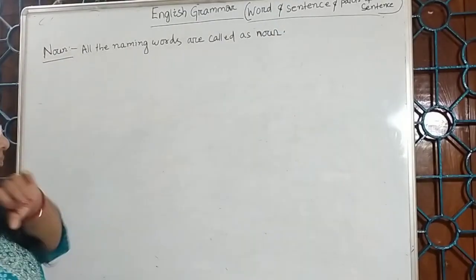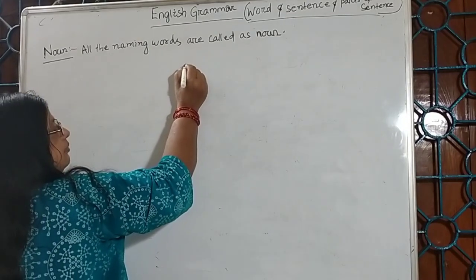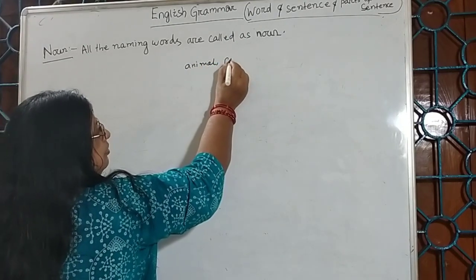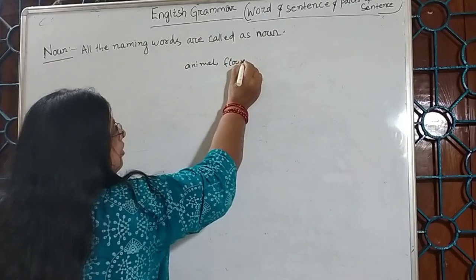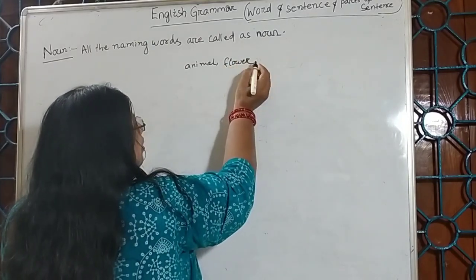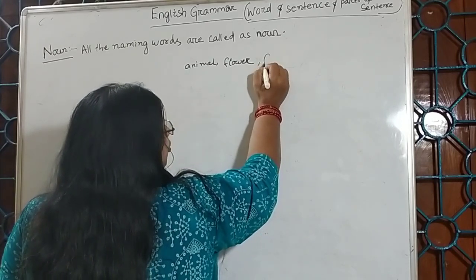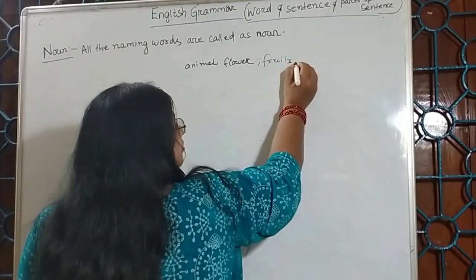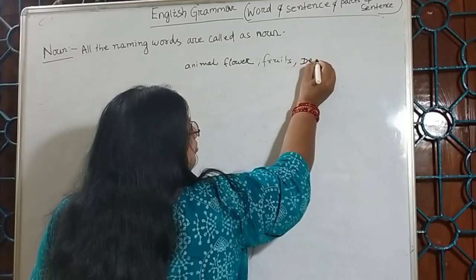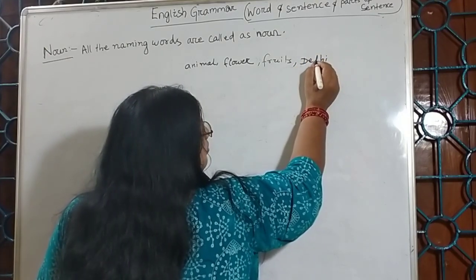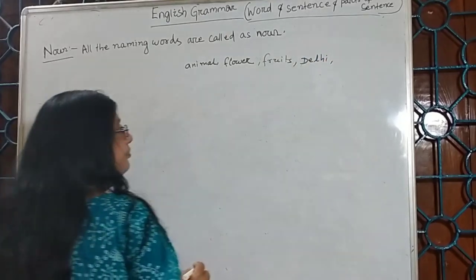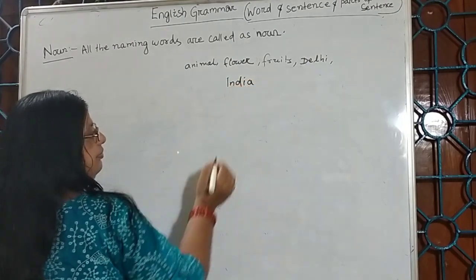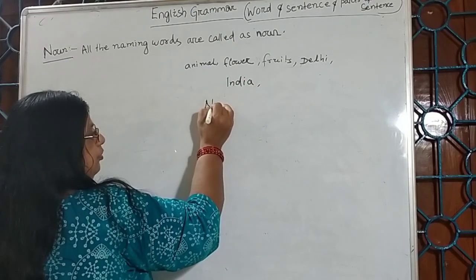Suppose animal, flower, fruits, Delhi, India, North Pole.